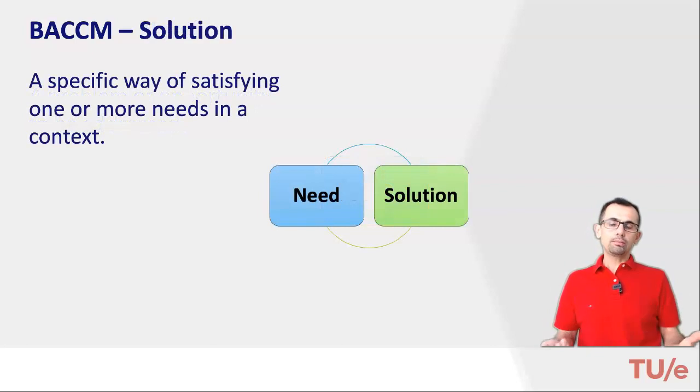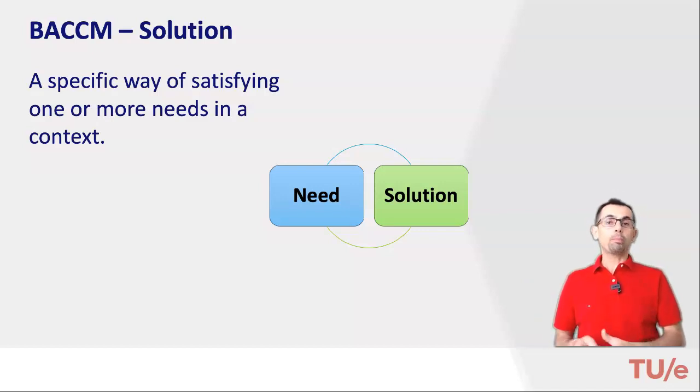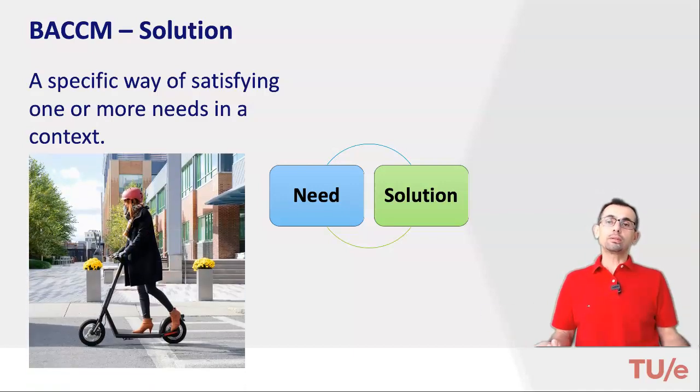Now, the solution. Obviously, there can be many solutions that could address this particular need, or a part of it. For instance, we can think of promoting scooters in urban areas and supporting companies which rent scooters. That could be one of the solutions we can pick.